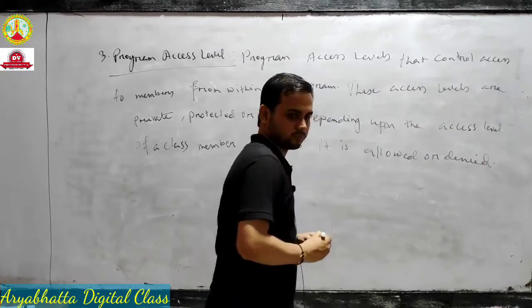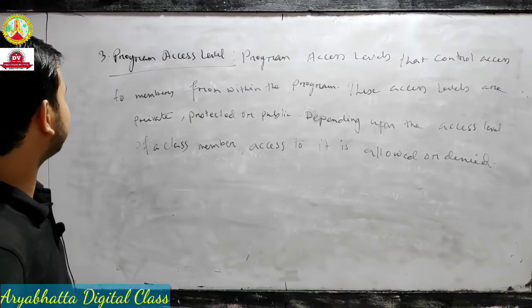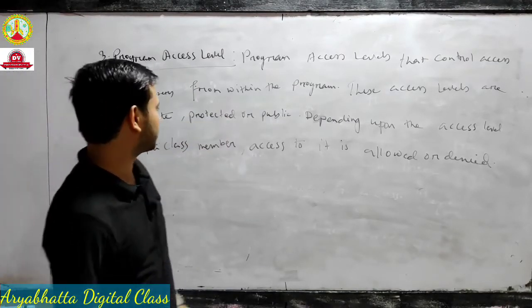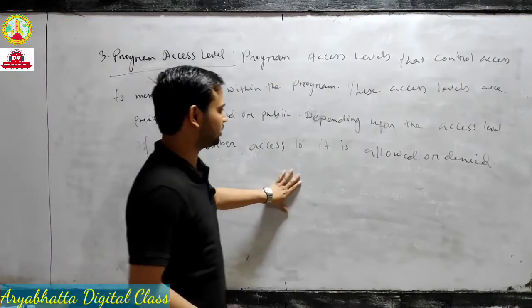Okay, I tell you, access level controls access to members from within the program. Private, protected, public: depending on the access level of a class member, access to it is allowed or denied.